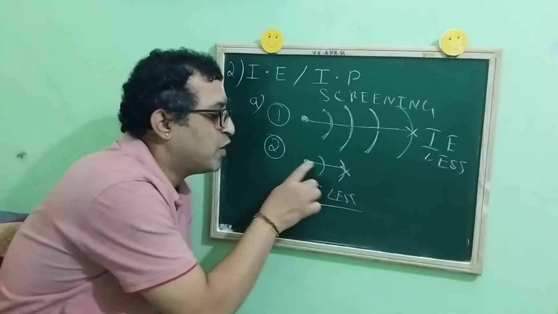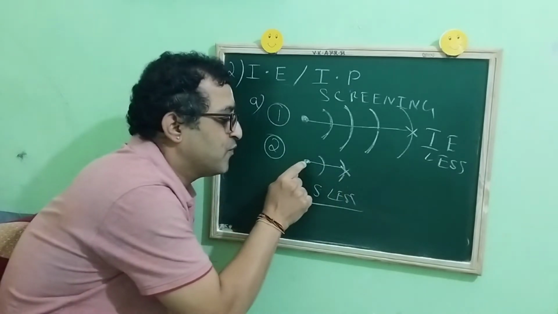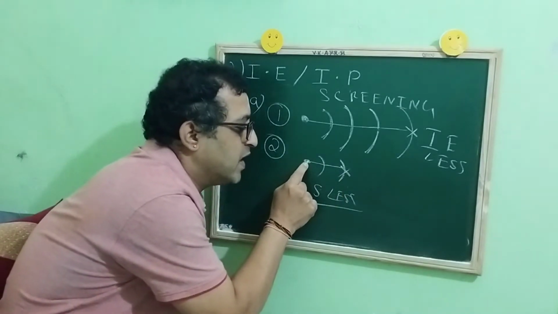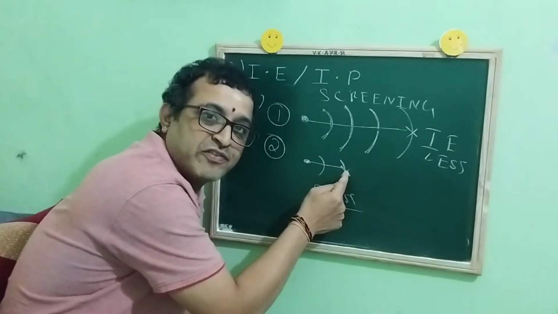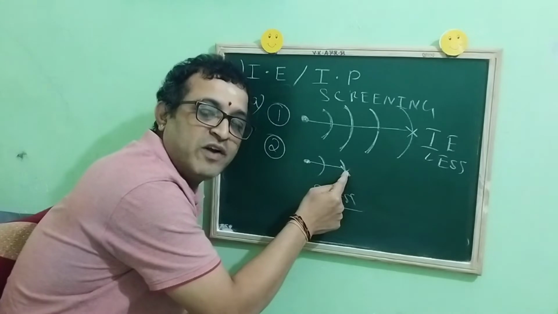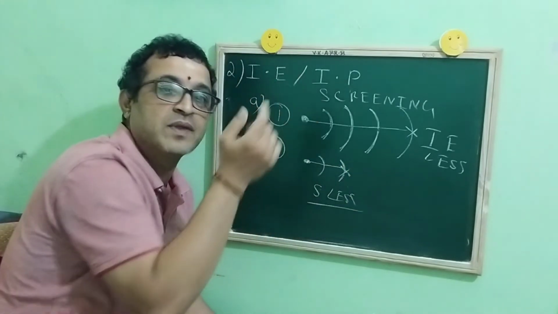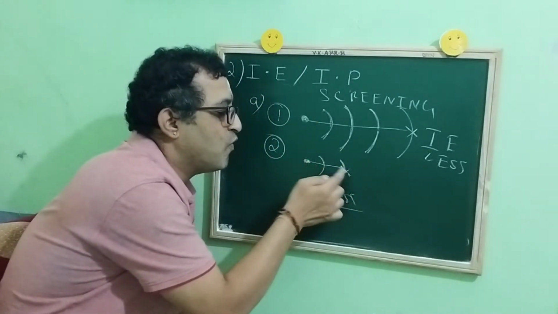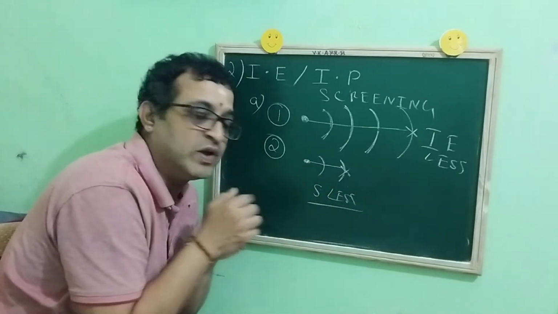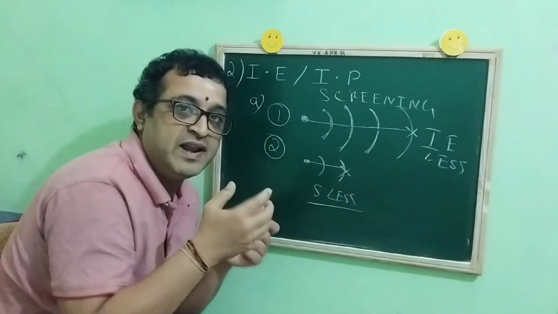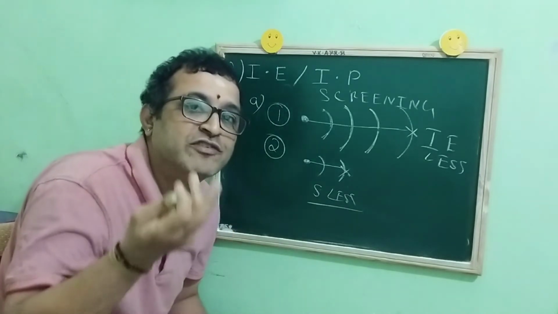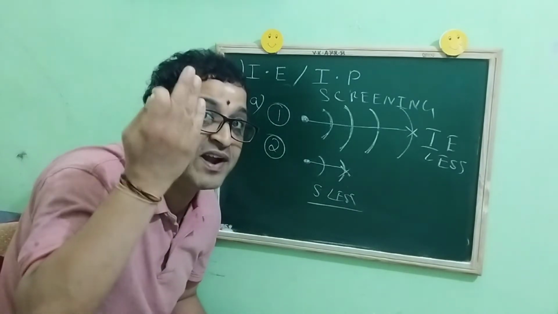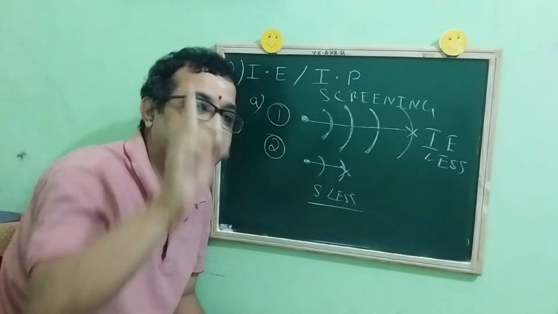So, because of the less distance, the force of attraction between the nucleus and the outermost electron is more. Now, when the force of attraction between these two is more, then to break this force of attraction, obviously you have to supply more energy.